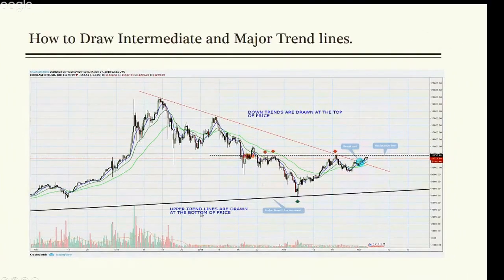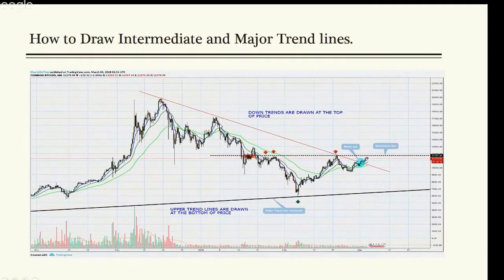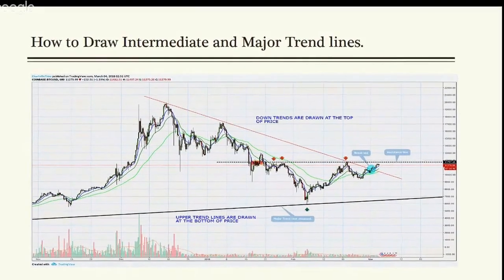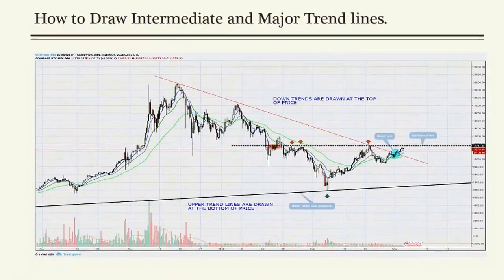And the major upper trend lines, you draw them at the bottom of the price. And this is one that we are currently in with BTC. And the intermediate trend lines, you do the same thing, it's just the opposite. Let me get back to our chart.